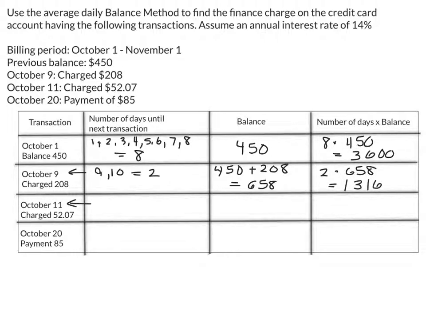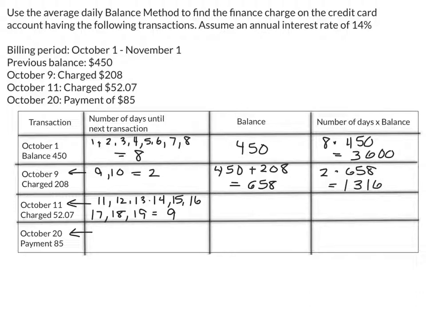Now we'll look at the third row. On October 11th, we charged $52.07. The transaction after that was on October 20th. So we count the 11th, 12th, 13th, 14th, 15th, 16th, 17th, 18th, and 19th, but we don't count the 20th. That means the number of days between the 11th and the 20th is 9.